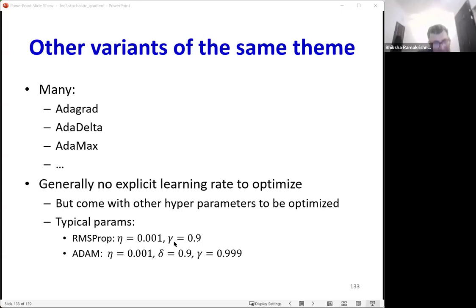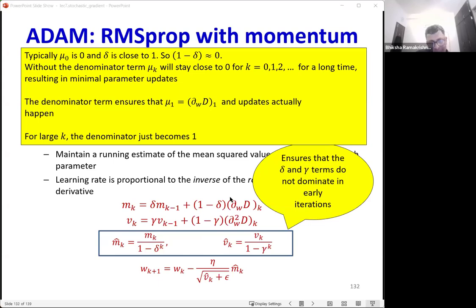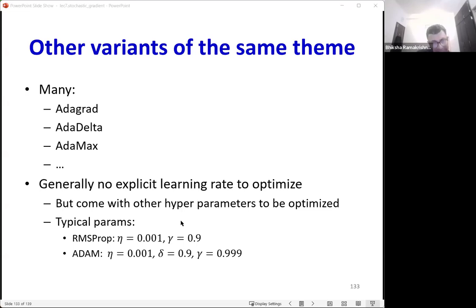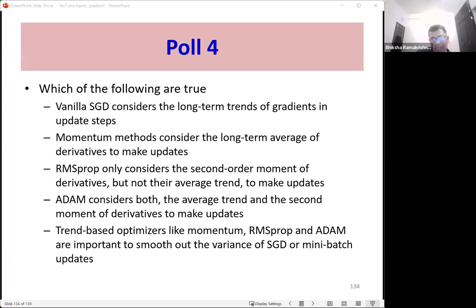So typical values for RMSProp, eta is 0.001, gamma is 0.9. Adam is going to use the same thing with delta of 0.9 as well. Delta is the update rate for the mean, gamma is the update rate for the squared derivative. Anyway, these are just engineering details. It turns out that in spite of these, you still need learning rate schedules and such like.